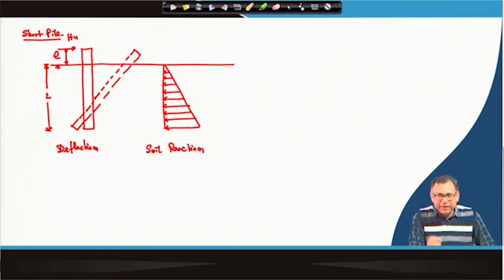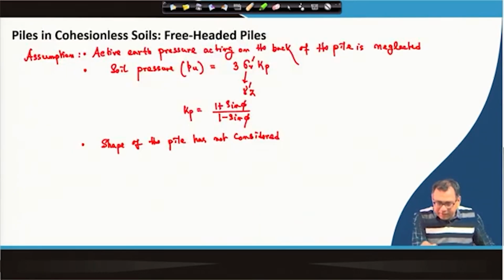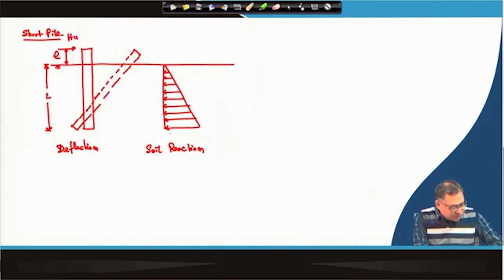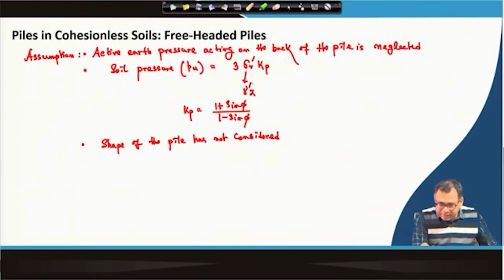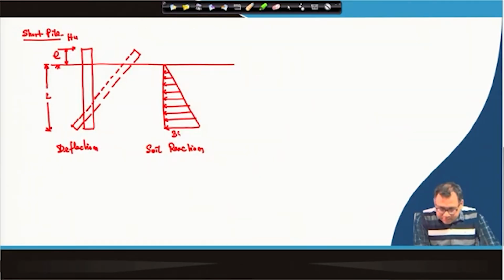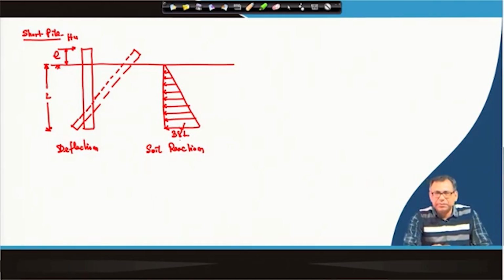And again it is assumed that at any point the soil pressure or soil reaction is 3 times sigma v dash into Kp. Here sigma v is gamma dash into z, so this will be gamma dash into L, because z is equal to L at that point. As I mentioned in the previous case also, this value is in kilonewton per meter square.